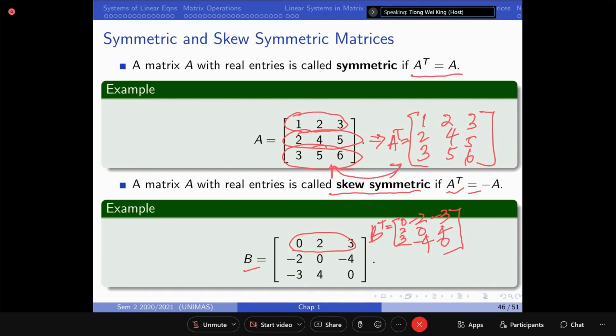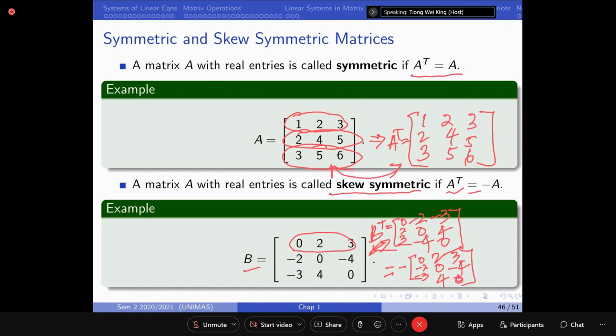If you compare these two matrices, B transpose is actually negative: this is 2, 0, 4, and then this is 3, negative 4, 0.